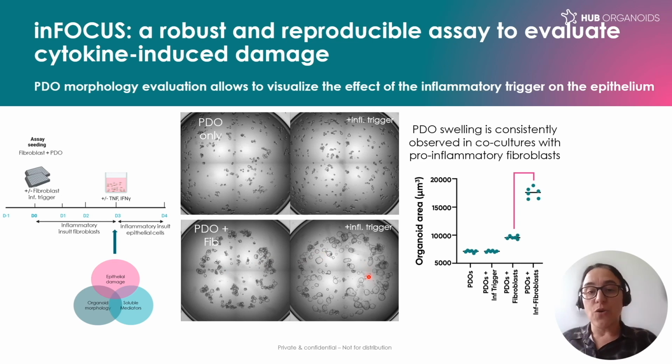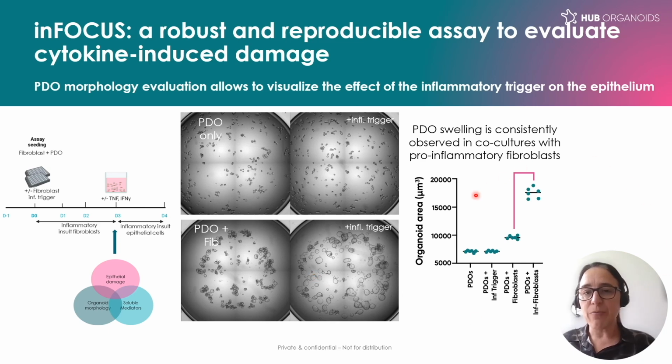But when the organoids are co-cultured with fibroblasts that have received an inflammatory trigger, we can see that the organoid morphology is changing. The organoids are becoming larger, more cystic. The wall is thinner than when they are by themselves.